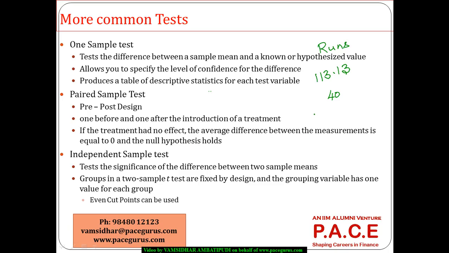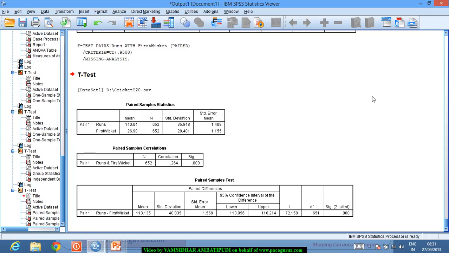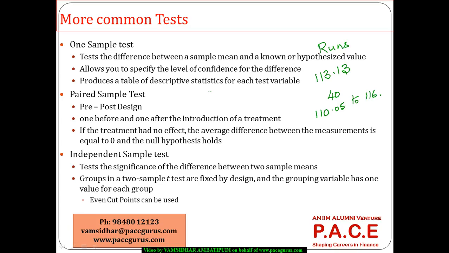So I am very confident that the difference is somewhere between 110.05 and 116.21. I am 95% confident that the difference between the runs and the first wicket partnership will lie within this region. Very good information.